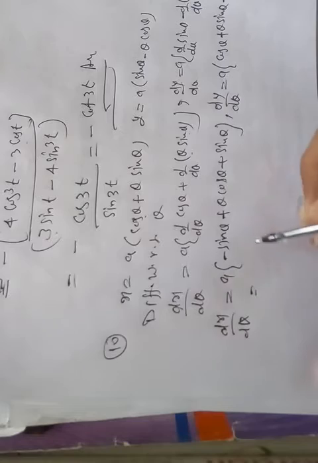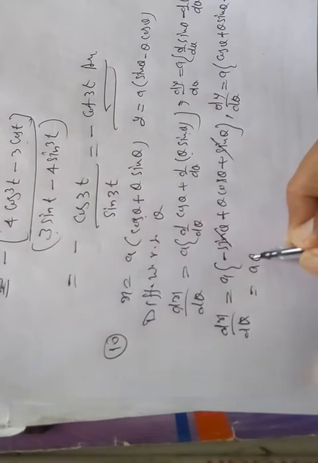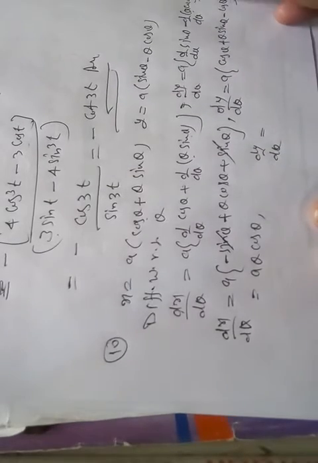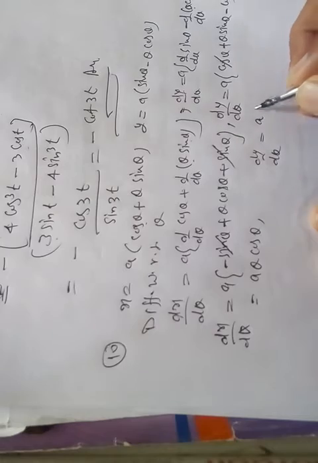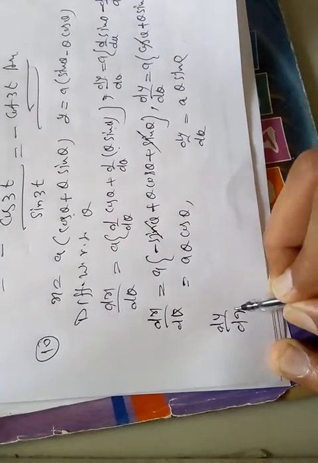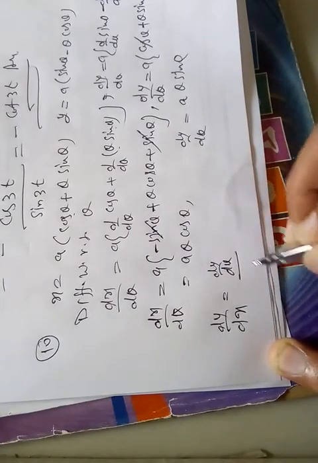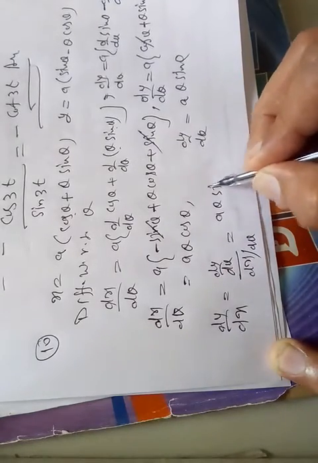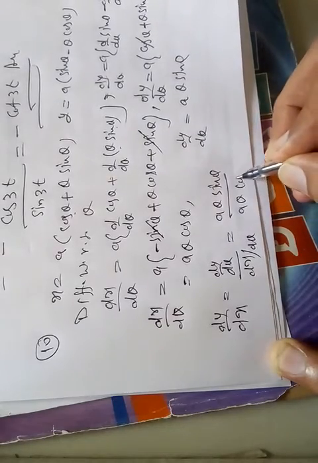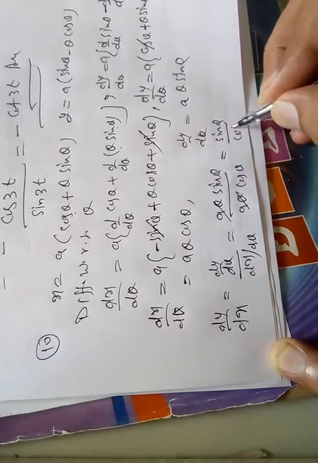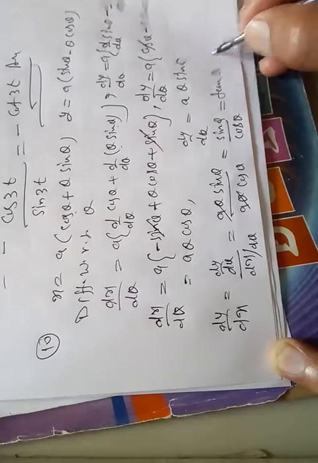So this value: sin theta cut, a theta cos theta, and dy/d theta equal to a theta sin theta. And find dy/dx, equal to dy/d theta upon dx/d theta, a theta sin theta upon a theta cos theta. This is equal to tan theta. That's your answer. Okay, simple question.